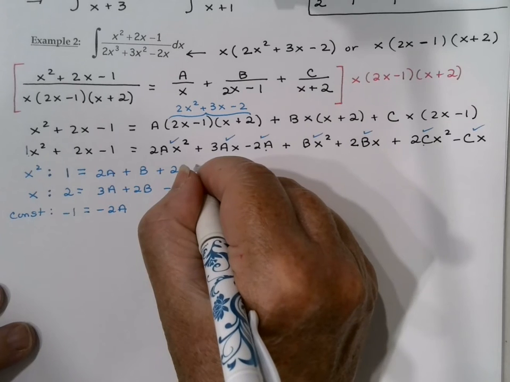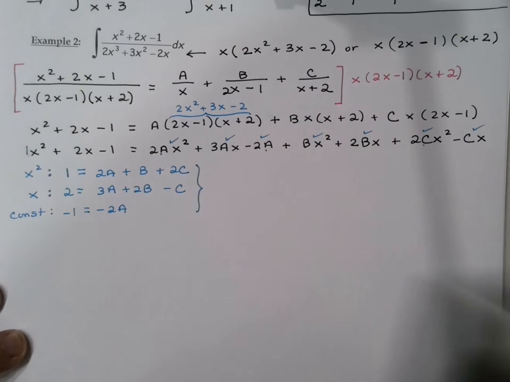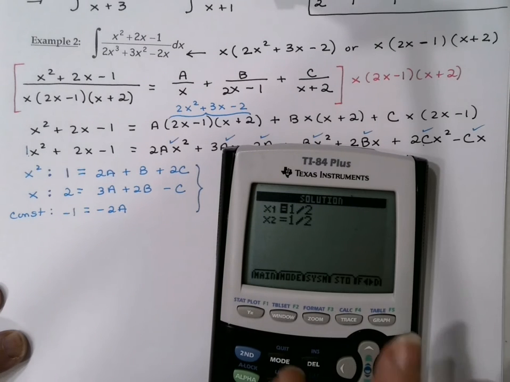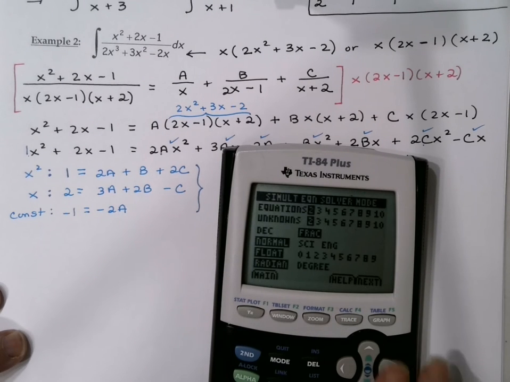All right. Once again, this isn't terrible to solve by hand. You can already see that a is 1/2. But just for speed I'm going to go ahead and put this into my poly-sci mode. This time I do have 3 equations and 3 unknowns.